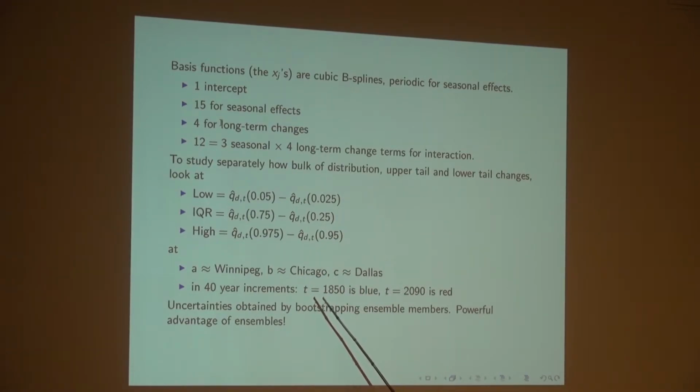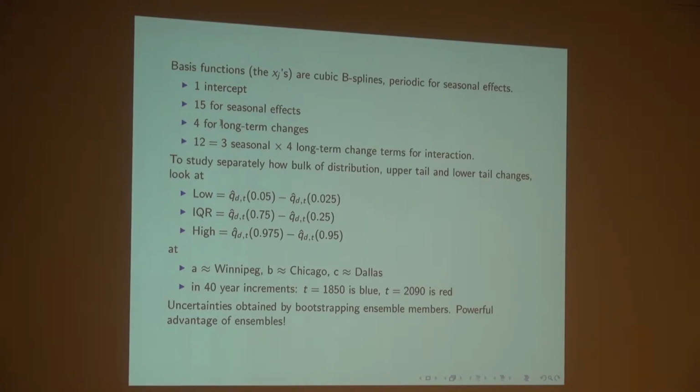And then I'm going to show you what these estimated quantiles look like over time at years 1850, 1890, 1930, up through 2090, where blue is the earliest years and red is the latest years. And we're going to give you uncertainties too, and this is one of the places where the ensemble really makes your life easy, right? Estimating uncertainties when everything's dependent on everything else can be tricky because those dependencies affect the uncertainties of your estimates.